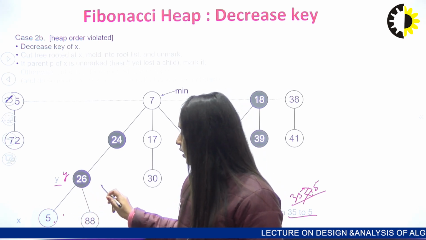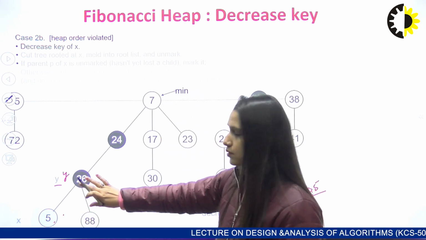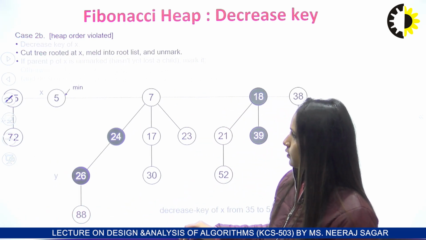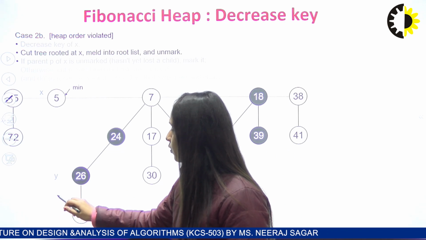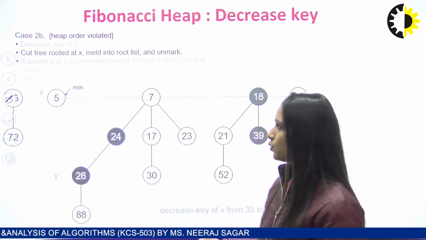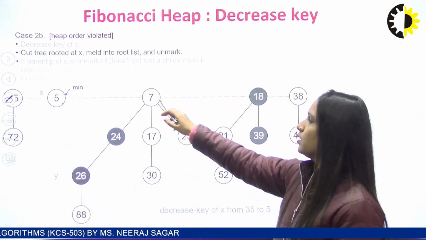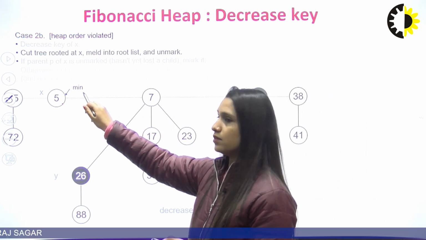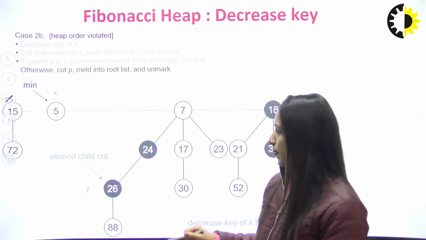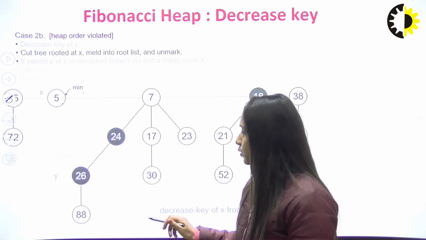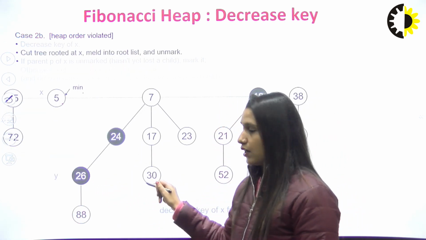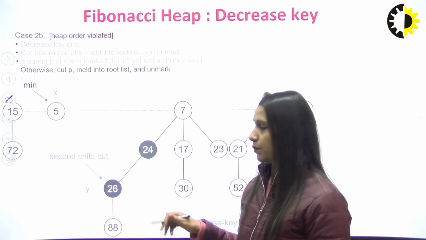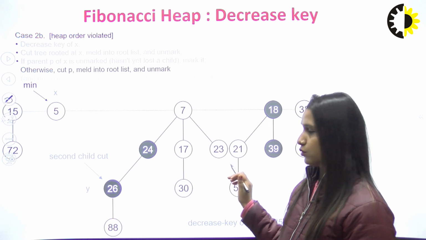Now this part is okay, but I just cut it from there and make it a root, and this one is the minimum comparatively, 7. So mark the pointer as the minimum. Now I am going to check cascading cut. You can check with the algorithm, you can write it on paper, then you can solve it.